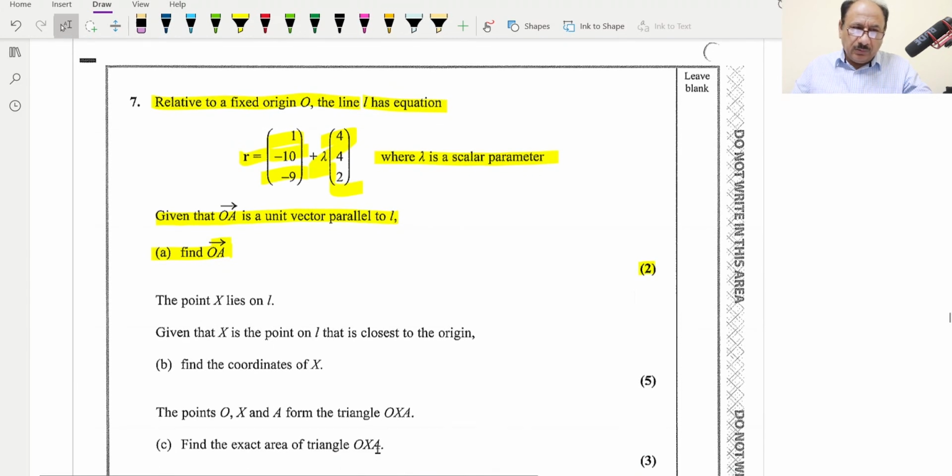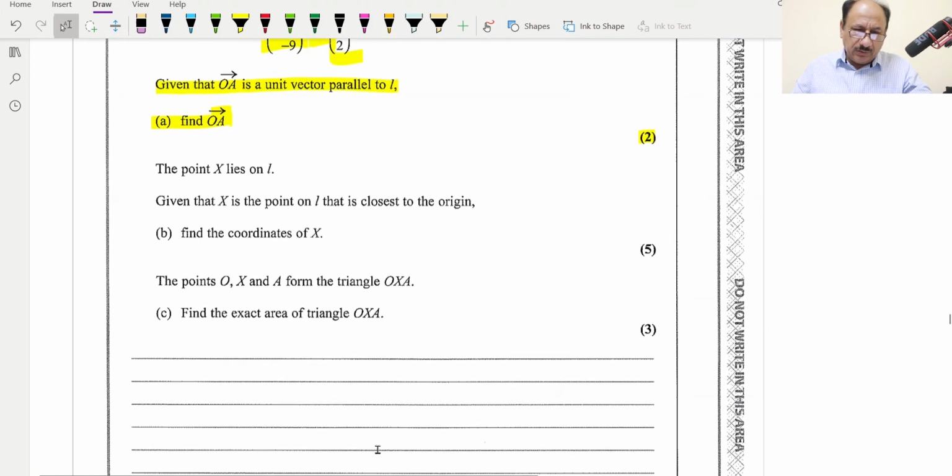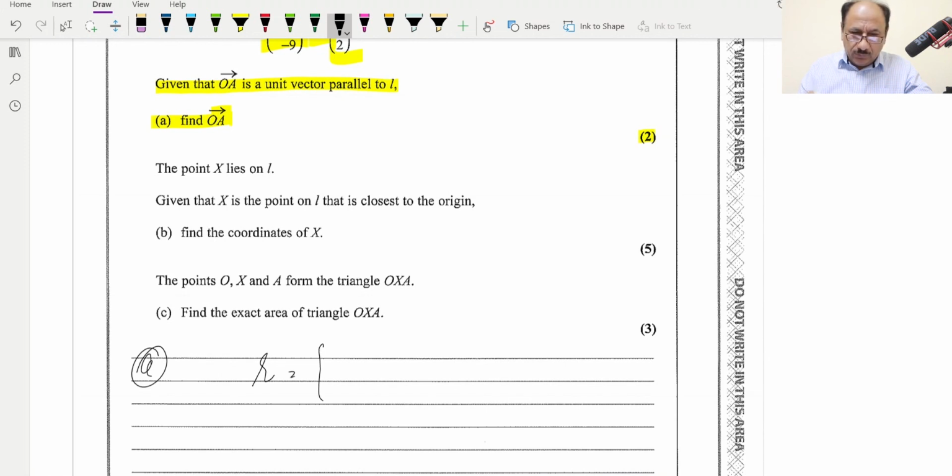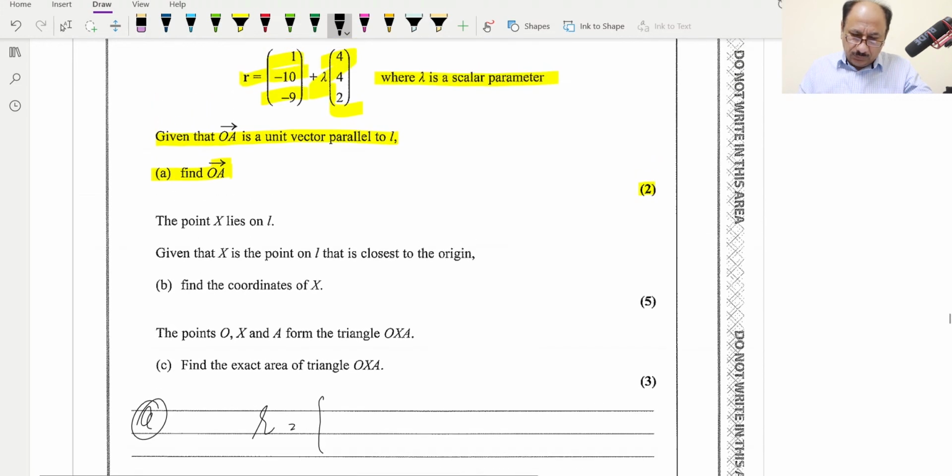So we can start with the given equation. So A part, given equation is r is equal to (1, -10, -9) plus lambda (4, 4, 2). This is the equation provided.